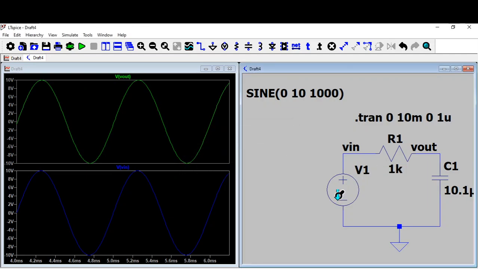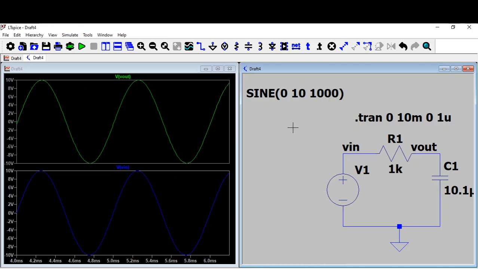We are asked to find the frequency at which the magnitude is 1 over root 2. Let me sweep the frequency.